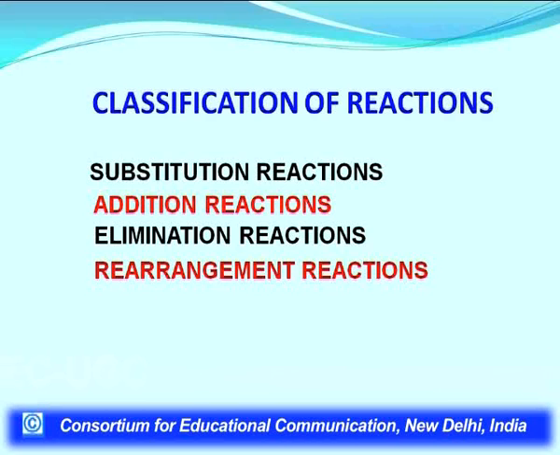Then addition reactions. In addition reactions, some molecule comes and adds on to the substrate molecule. So, for addition, our substrate molecule must have some pi bonds, where the reagent molecule comes and forms a bond with it.